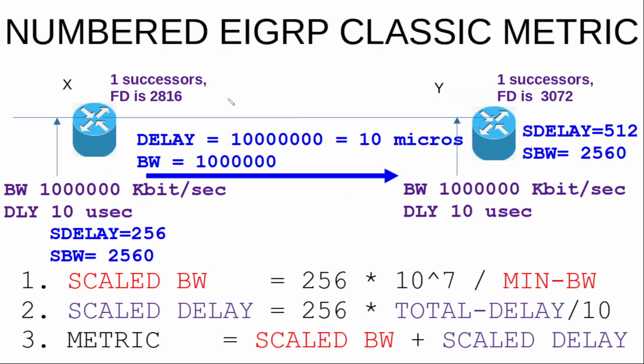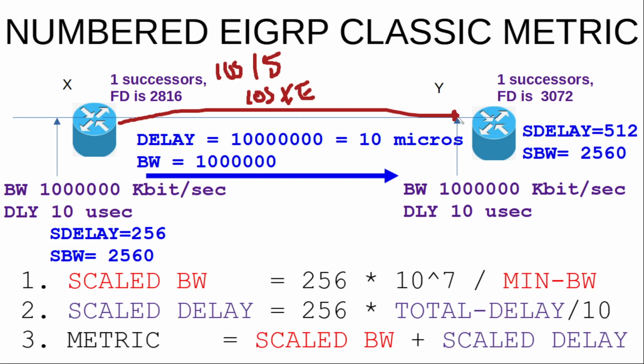But if you're using a recent IOS, for instance, IOS 15 or IOS XE, you are going to see this. When a router sends an update to another neighbor, the actual delay and bandwidth get sent.